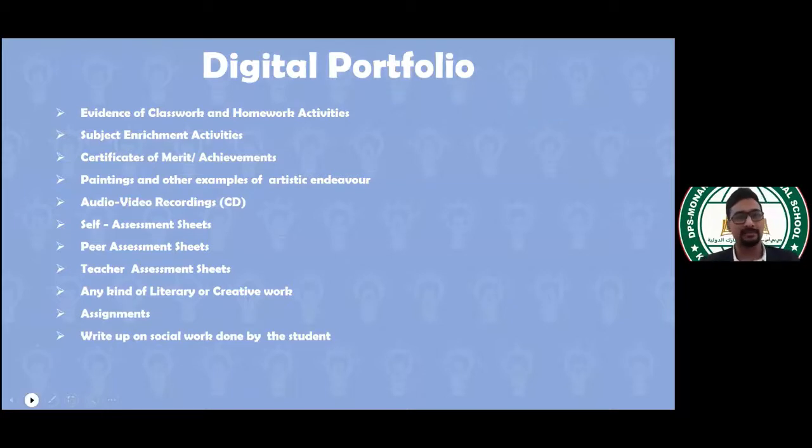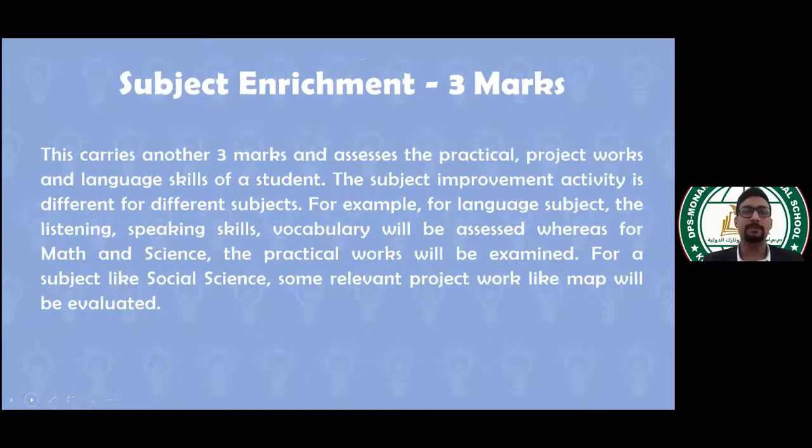In my next slide, I would like to speak about the subject enrichment or the projects we had given to the students. This carries 3 marks and it assesses the practicals, project works, and language skills of a student. So the subject enrichment activity for a language subject would be the listening and speaking skills, and the vocabulary will be assessed.